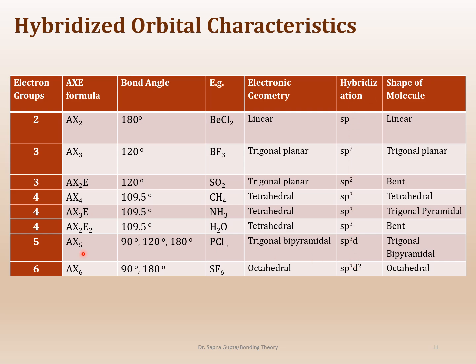As soon as you have 4 electron groups, all of them will have sp3 hybridization, because sp3 stands for 4 electron groups, 1 s and 3 p. For all 3 of them, the electronic geometry is tetrahedral, the bond angle is 109, and the examples are different. Okay, moving on.